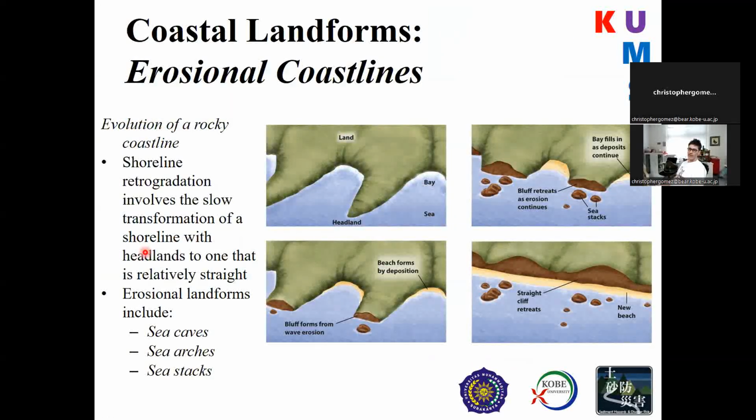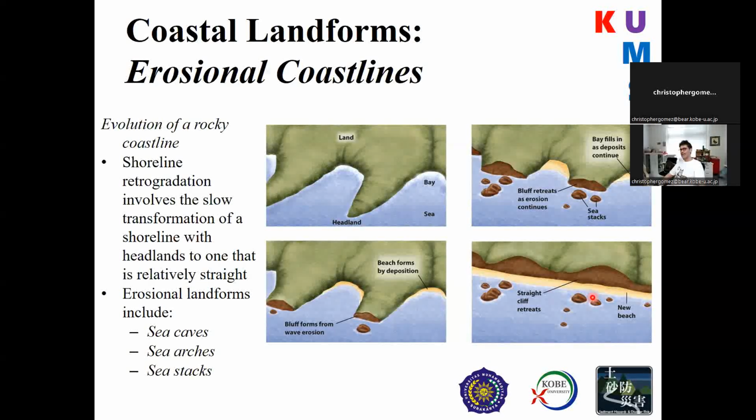So when you have a rocky coastline, you're going to have other types of landforms that occur. Let's say you have those headlands again, and those headlands are getting eroded. Those headlands retreat slowly, leaving some lumps of rock that remain in between the different bays. And at the end, you're going to get this kind of landform.